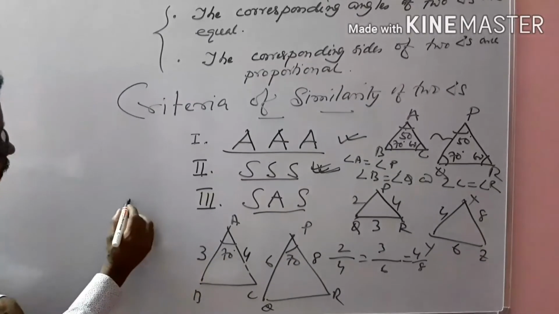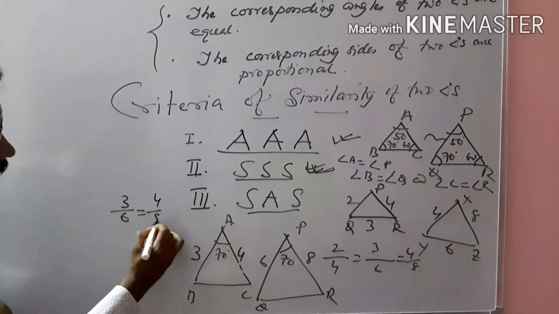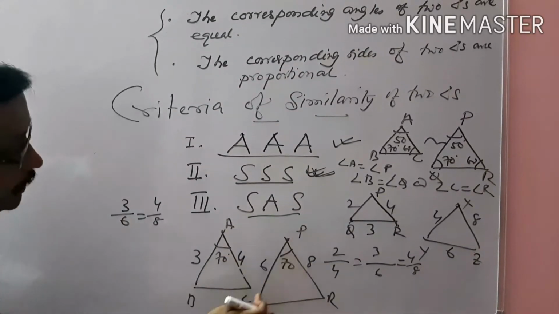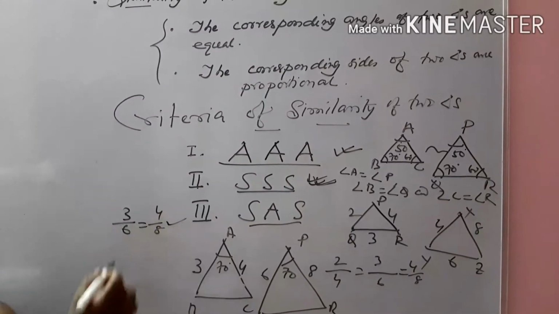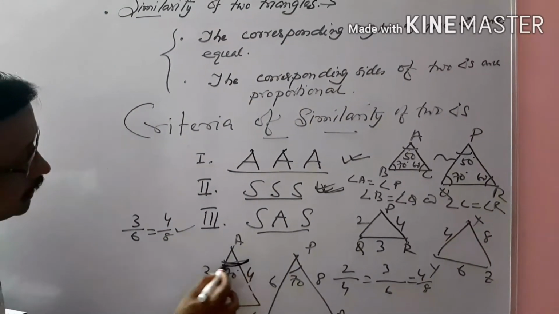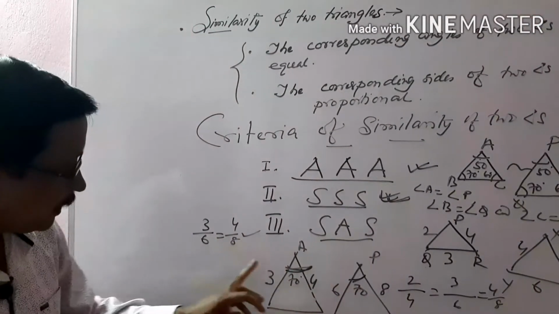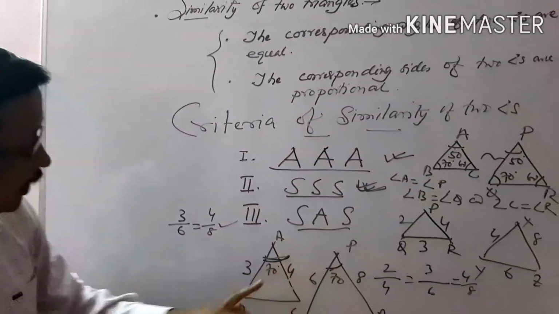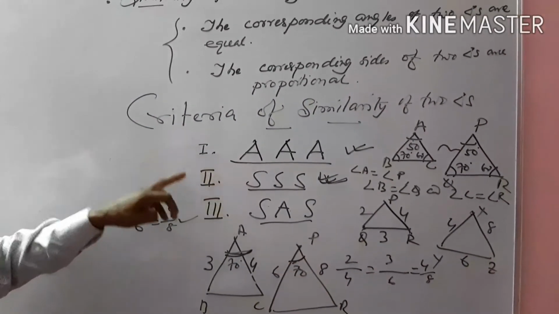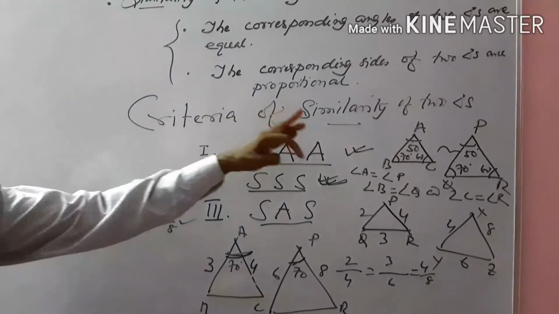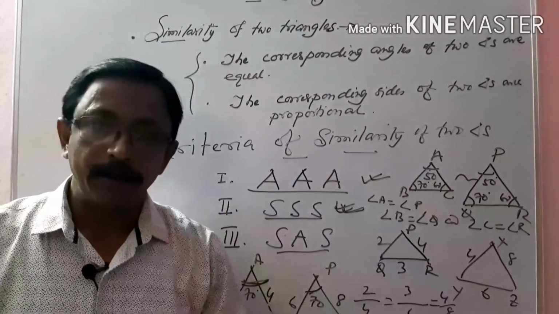So what is the ratio? 3 by 6 equals 4 by 8. AB by PQ and AC by PR are equal, and one included angle is also equal. Means corresponding sides are proportional and one included angle is equal. In that condition, side, angle, side. So with these three criteria, we can show two triangles are similar. Okay?